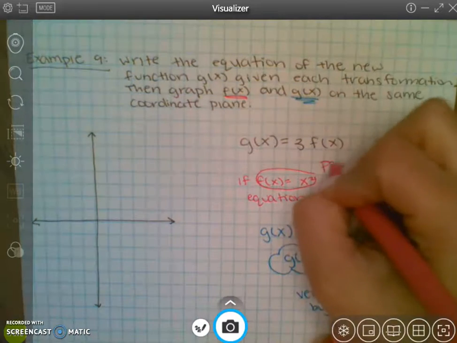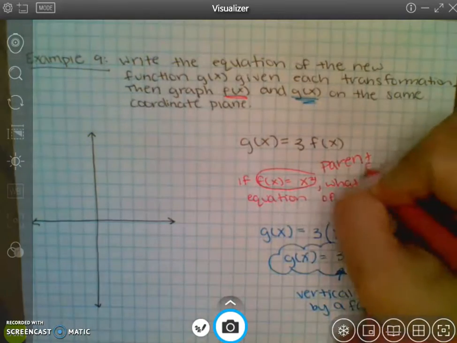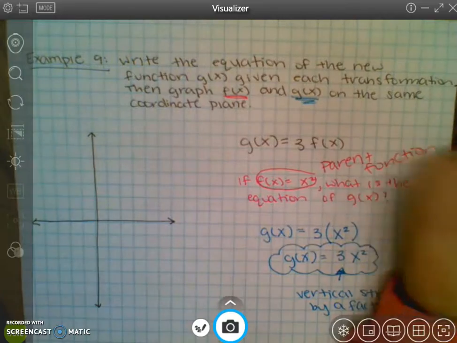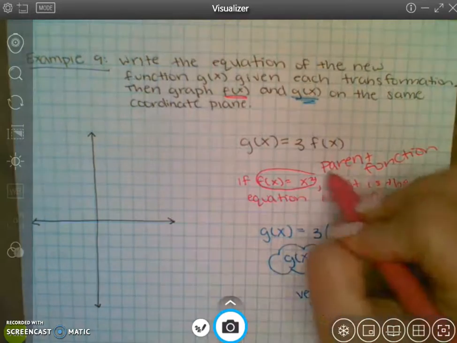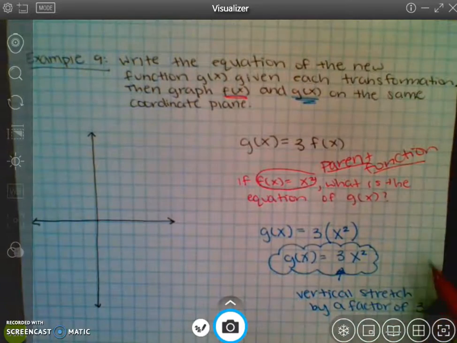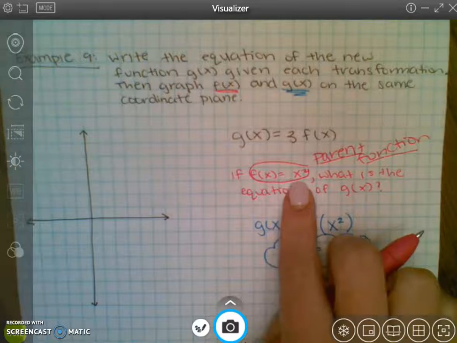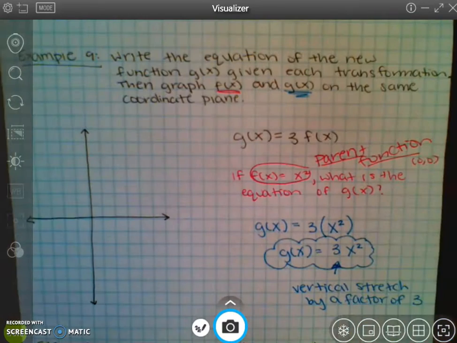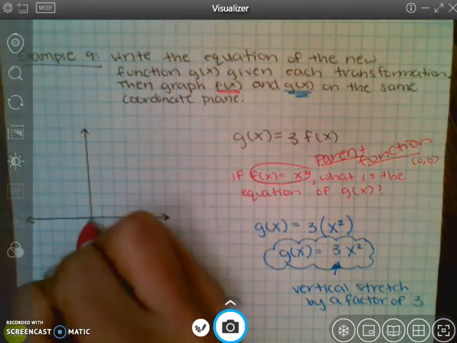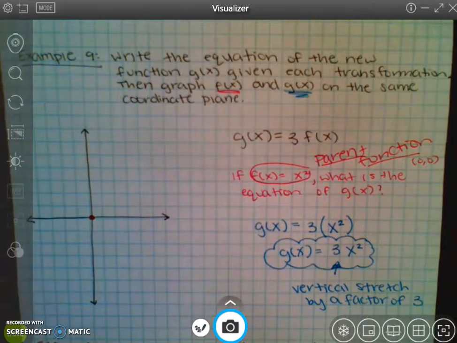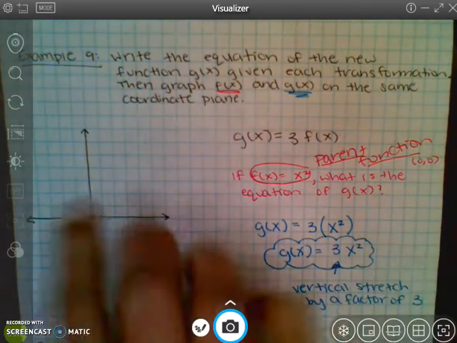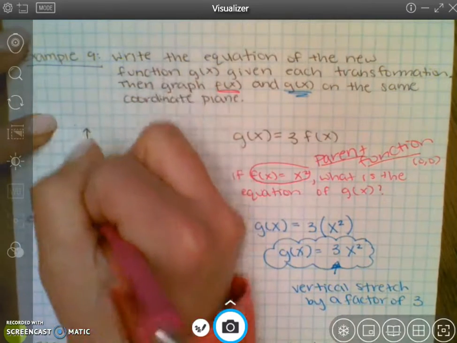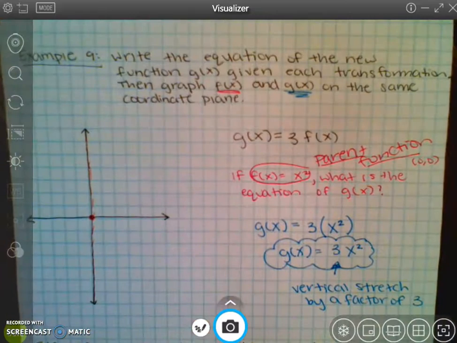That's what we call the parent function. Parent functions are what everything is based off of. So this right here has a vertex of 0, 0. So I'm going to put my 0, 0, which means my axis of symmetry is also going through that 0.